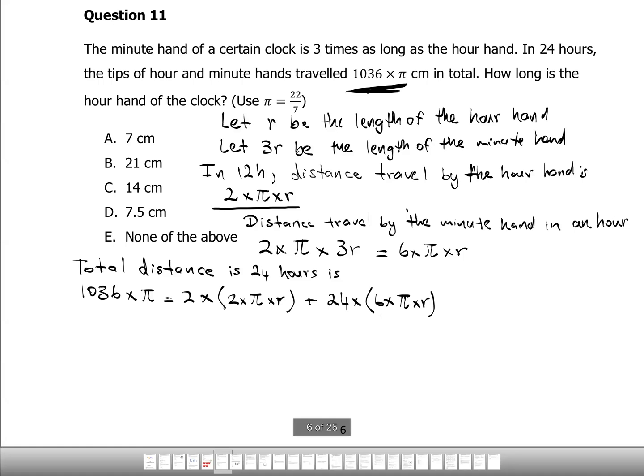So next, we'll just have to simplify this equation. 2 times 2 is 4 times pi times r, plus 24 times 6 is 144 times pi times r. And then 4 plus 144 is 148 times pi times r.